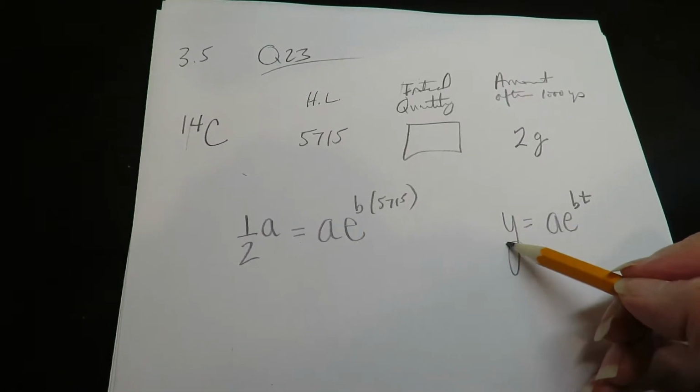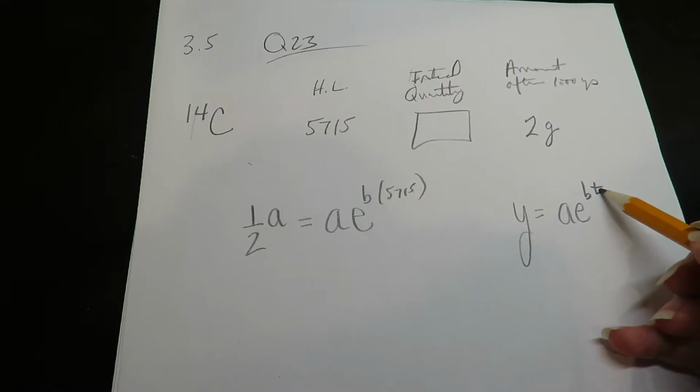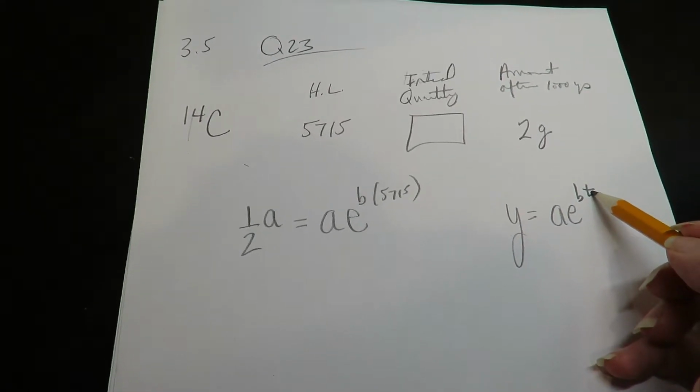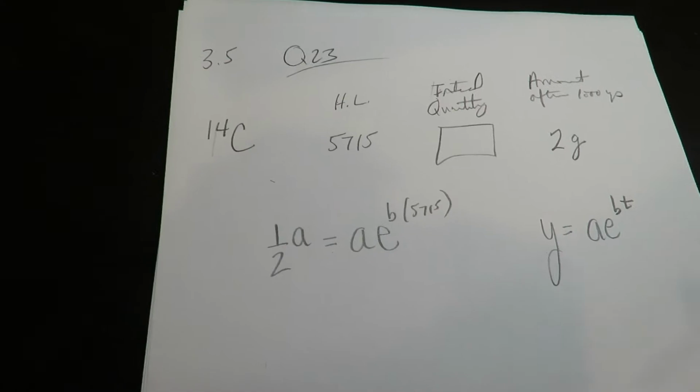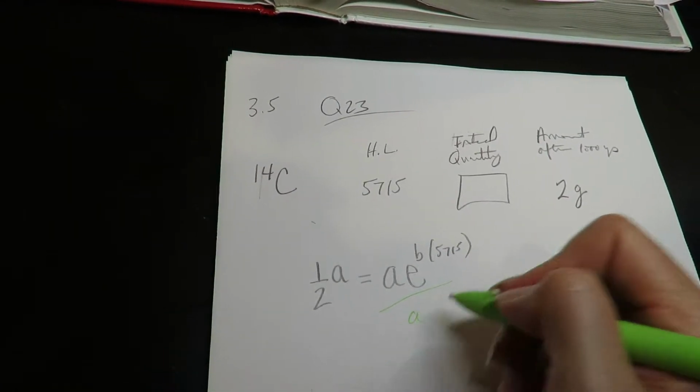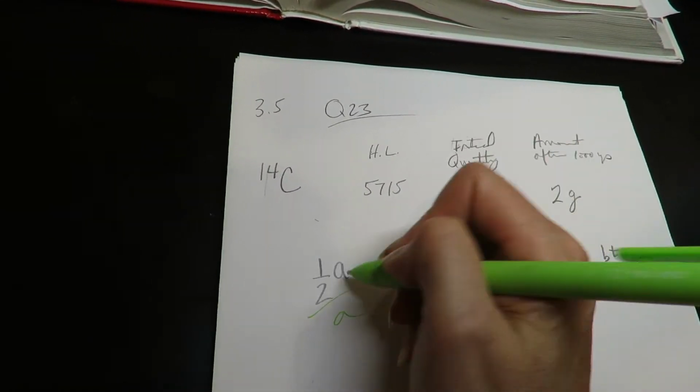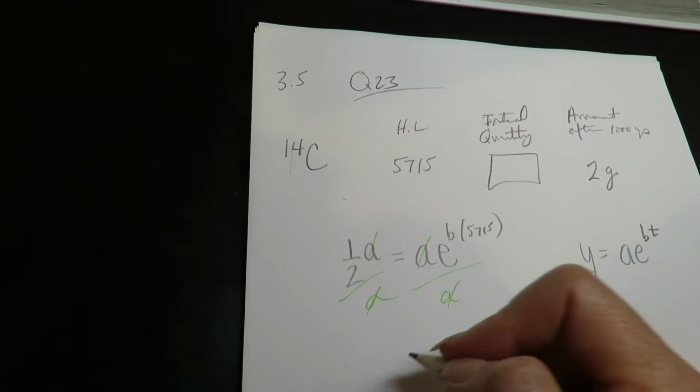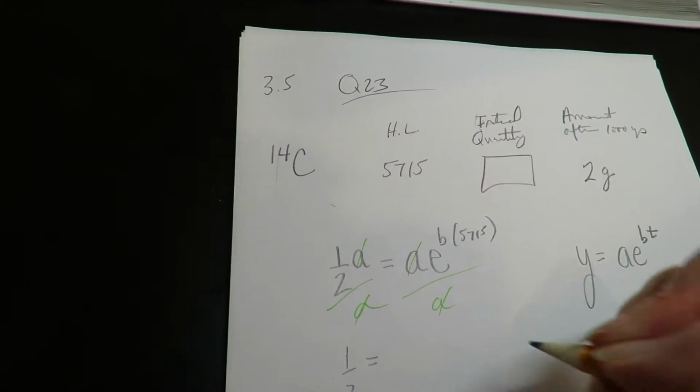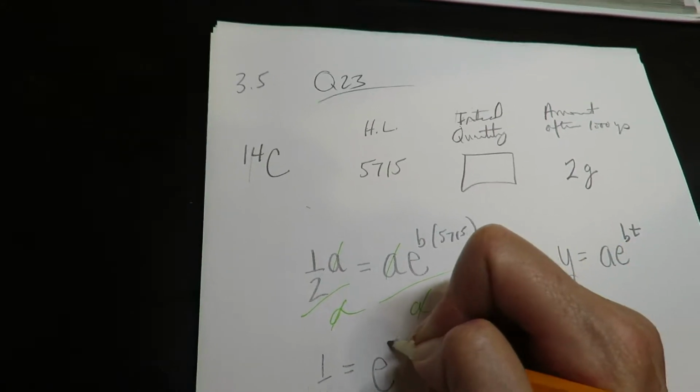Okay, so if I start with A and the output will end up being half of A after 5,715 years, then this allows us to solve for B. So what you're going to do here is divide off the A on both sides. It does seem initially like you have too many unknowns, but that's actually solvable.